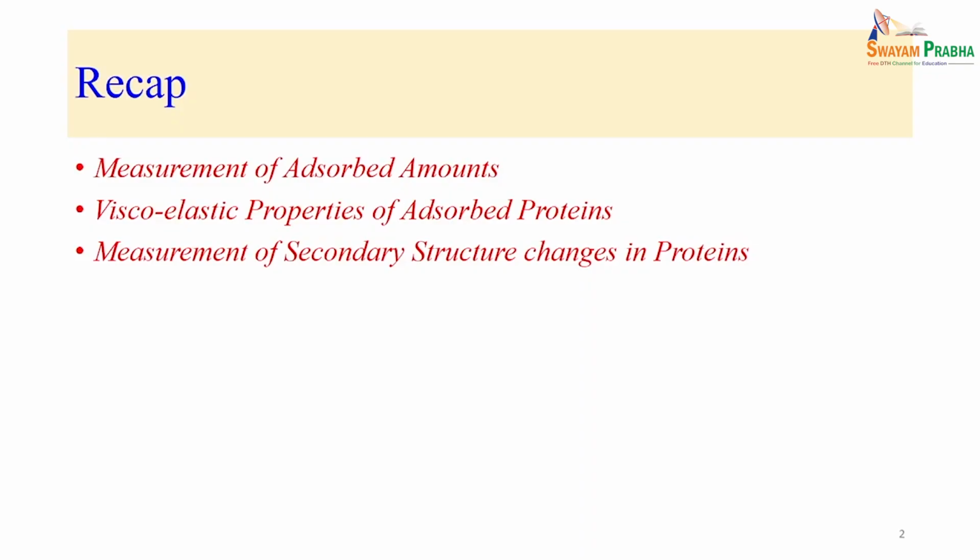So, hello everyone, today I will discuss kinetics of protein adsorption. In the last class we discussed different methods to determine the adsorbed amount as well as the property of the adsorbed layer. For measuring the adsorbed amount we discussed the labeling methods, radioisotope labeling and fluorescent labeling.